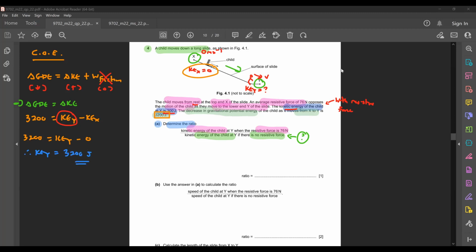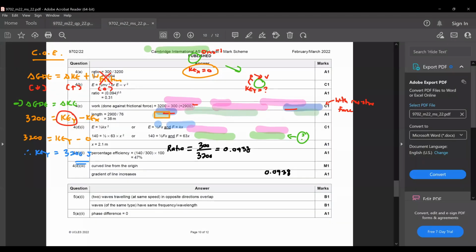Now if you want the ratio between the two KEs with and without resistive force, it's just 300 divided by 3,200, giving you 0.0938. Let me write out the answer here, 0.0938. Let's check whether the answer is correct. For 4, yes, it's 0.094. It is the correct answer if rounded to 2 SF.